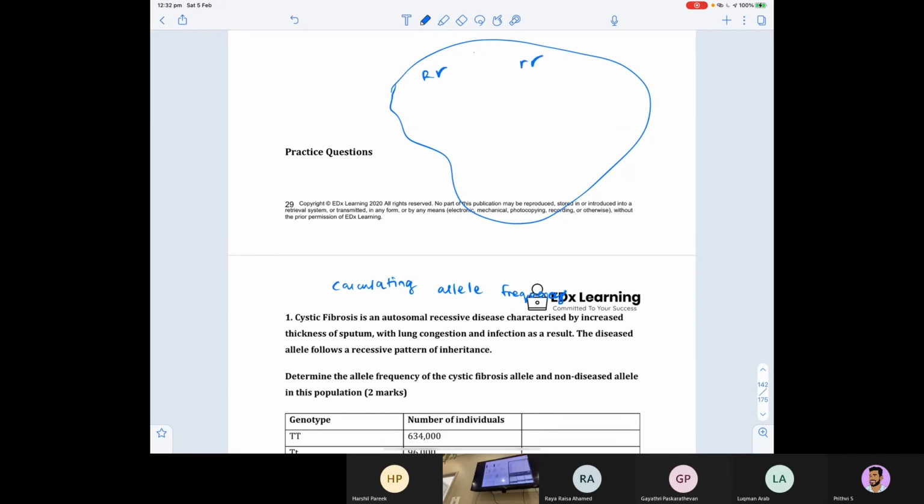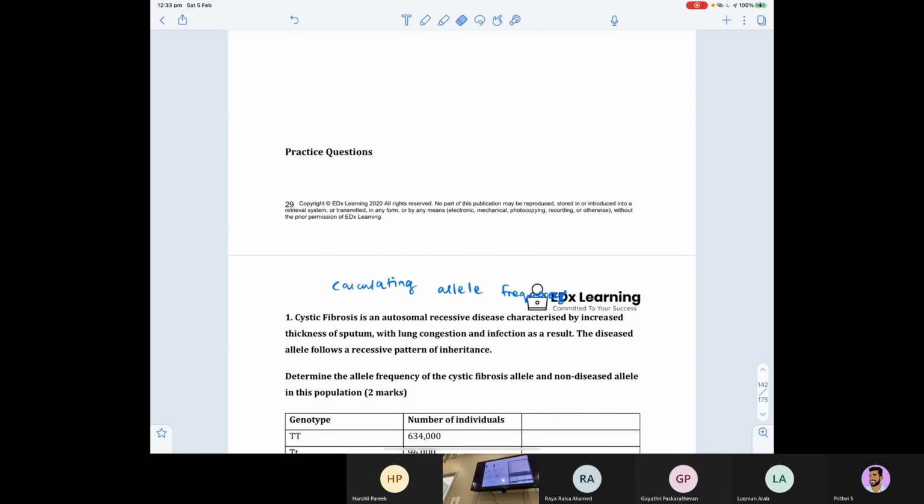Like lowercase. Okay, lowercase. So if these organisms have a child, one allele randomly, the capital R will be inherited, and one allele, the little r, will be inherited. Does that make sense? And that's going to change the frequency or the proportion of the capital R and little r allele in the population as well. So we need to start calculating allele frequencies.